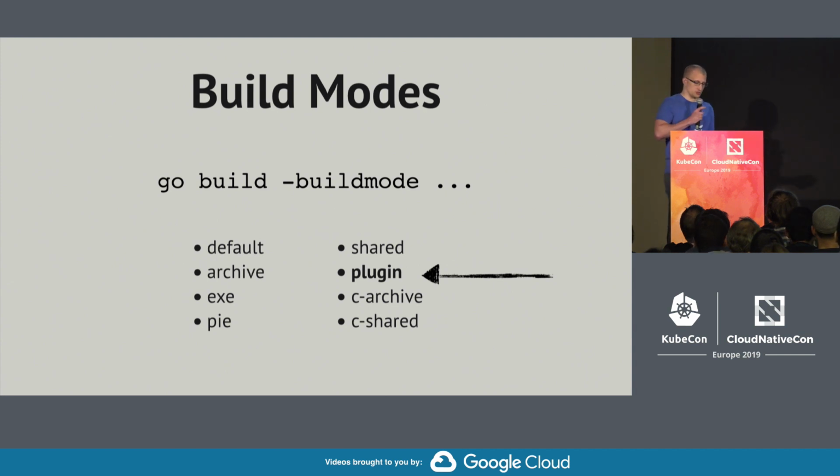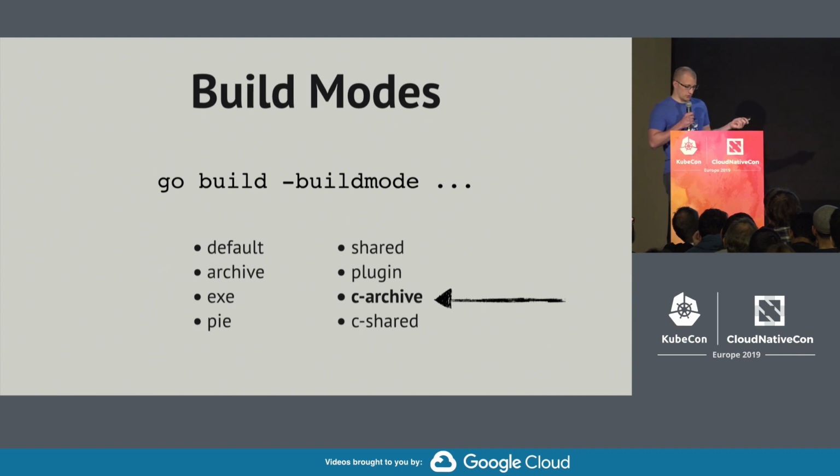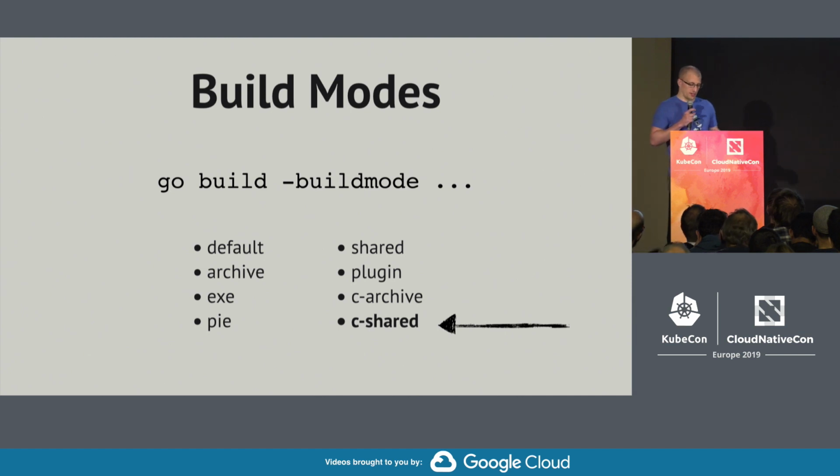We're looking to call into the Go code from C. One thing we could choose is c-archive, which allows us to call from C into the Go code, but it generates a static archive, so it's not what we want. The one we want is c-shared. That allows the C program to dynamically link against a shared object that we compile.